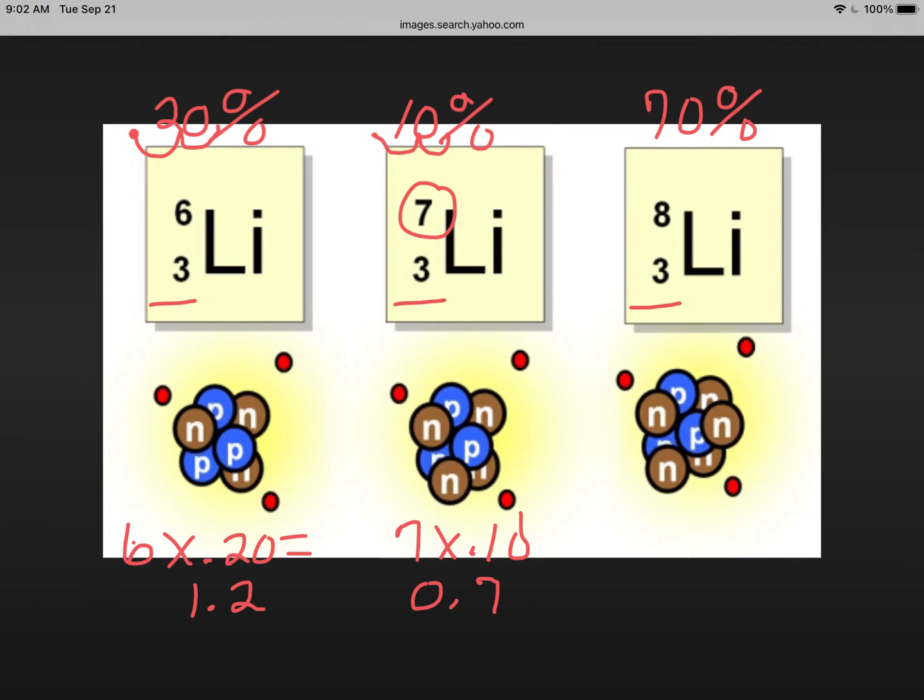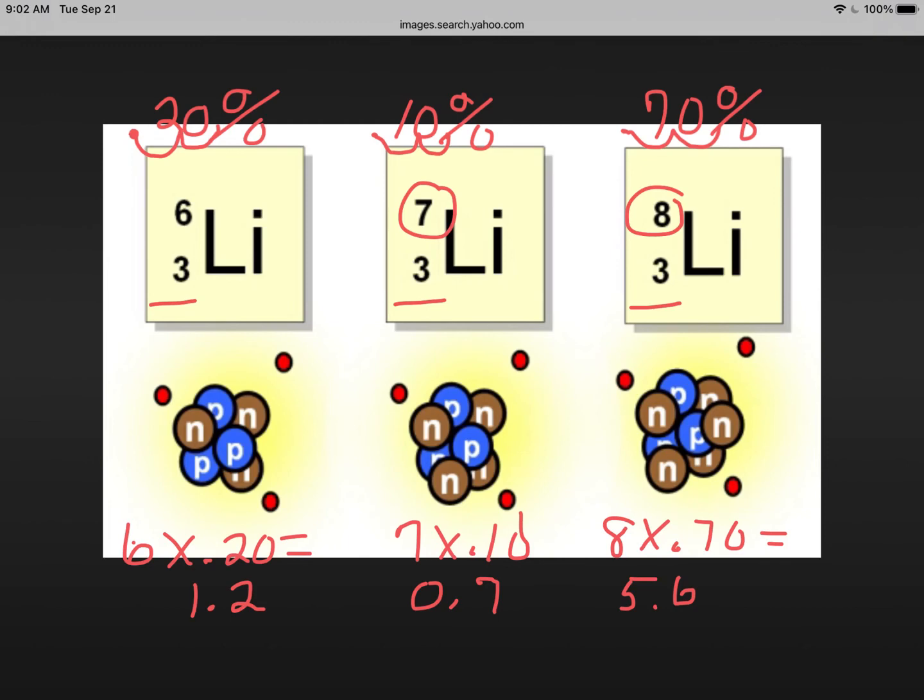Okay, and now we're going to take the last isotope that has a mass of 8 times the standard number of 70%, which is 0.70. And what is that going to give you? 5.6? Okay, very good.